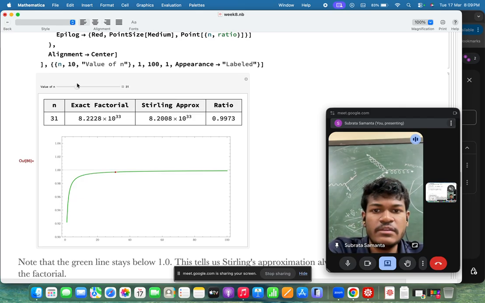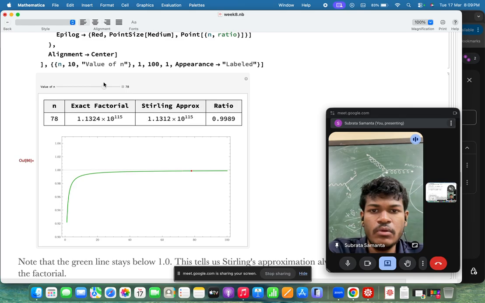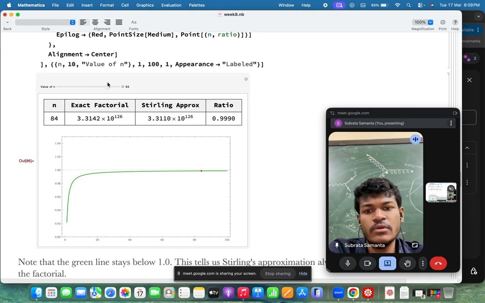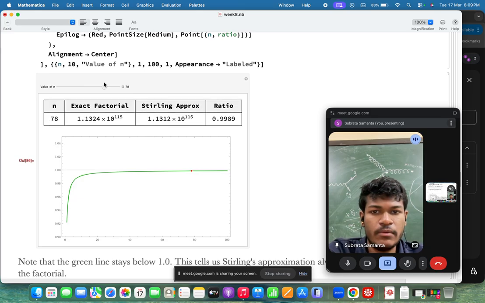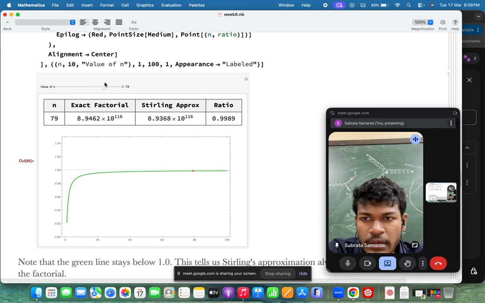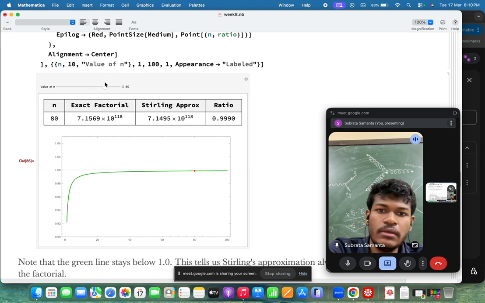So, let us say my accuracy is 0.1% within the exact value. Then I need n equals at least 80, around 78, 79, 80. So, at n equals 80, you reach this accuracy.